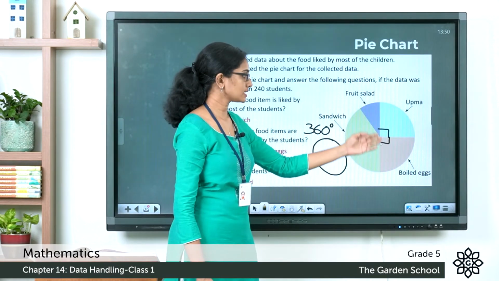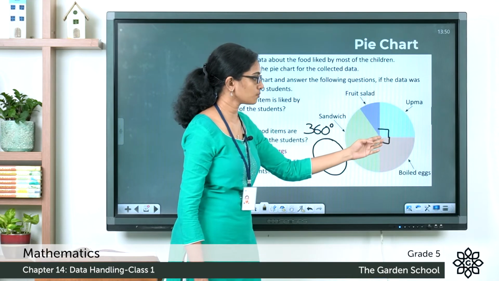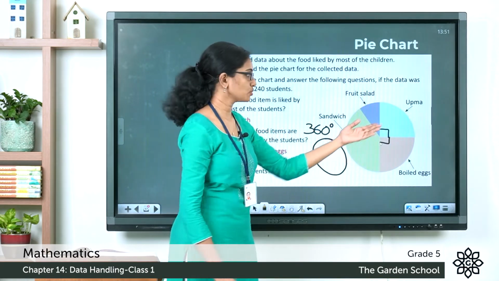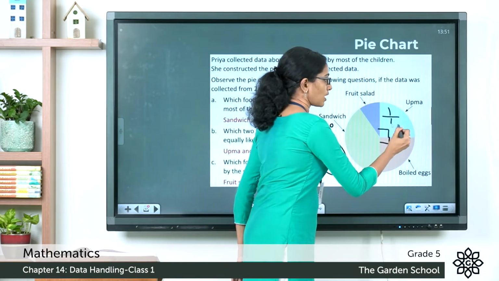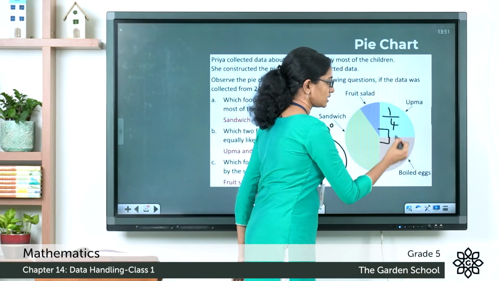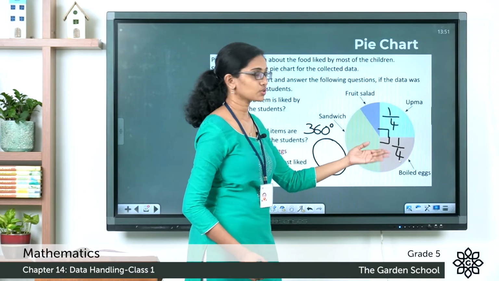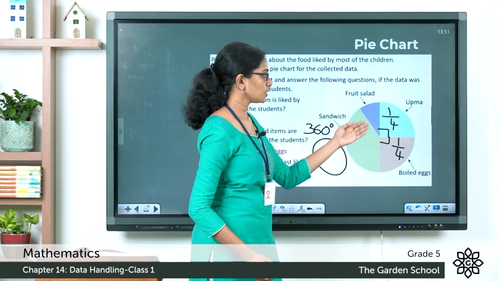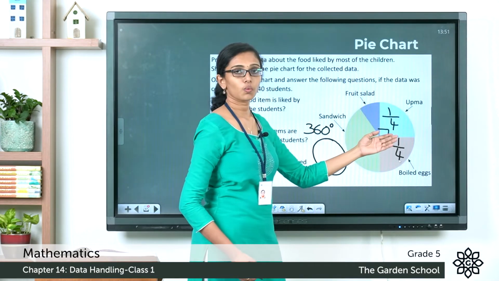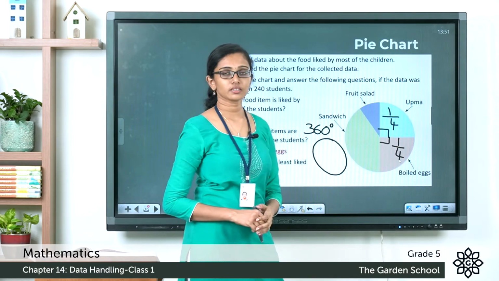So for example, in this case, you can see the sectors for upma and boiled eggs correspond to sectors of 1/4 each. See, this sector corresponds to 1/4 of the circle. This sector corresponds to 1/4 of the circle. So which means it is 1/4 of a total 360 degrees.